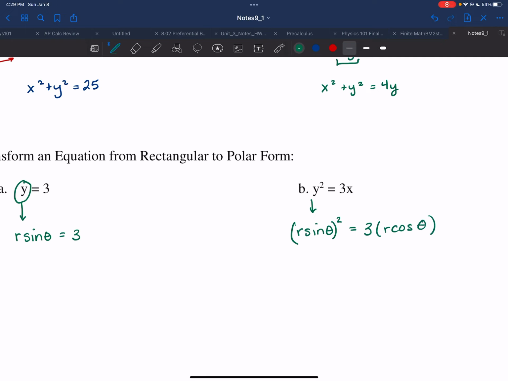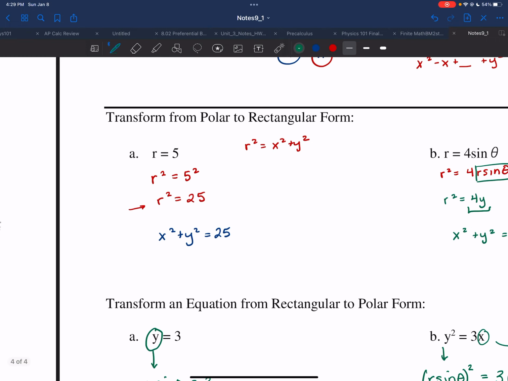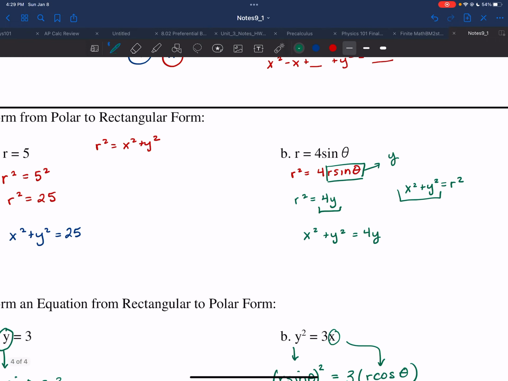All right, so you're just taking your x value and substituting it in for your polar version, and vice versa here. You're converting the polar equivalent of that rectangular coordinate and substituting it with y.